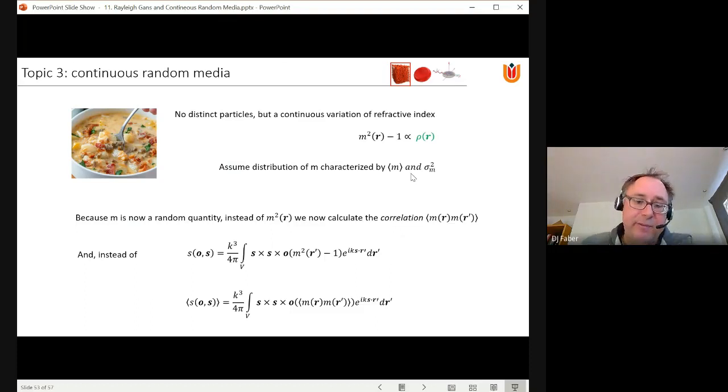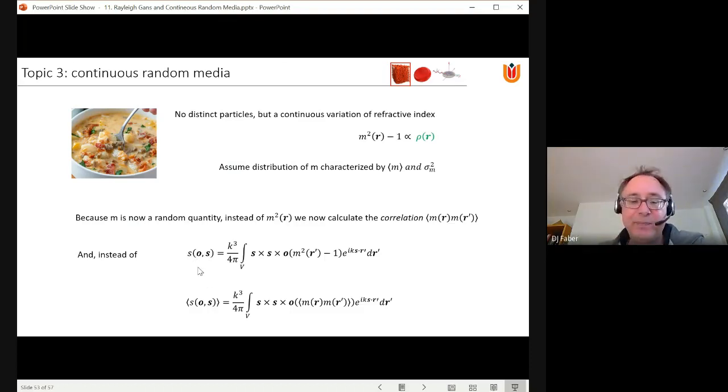Now going back to our famous integral that contained M squared, for if we calculated it for a particle. This is then the Rayleigh Gans integral for a particle. So instead of calculating this one integral or this one factor, we also calculate an average for that, because if M is random, then this S will also be random.